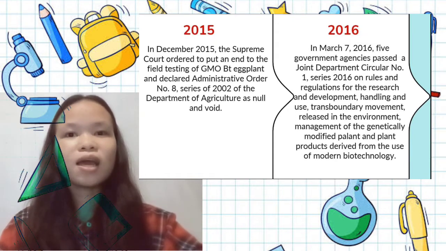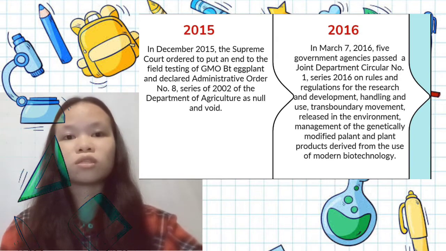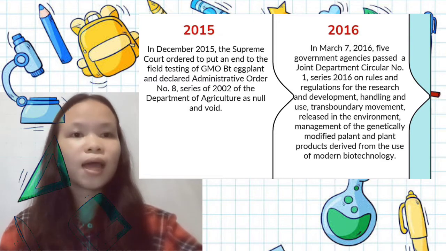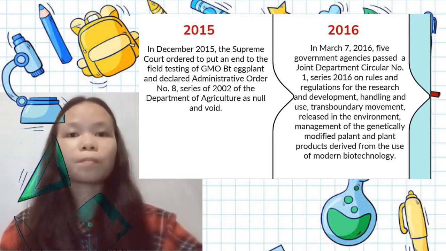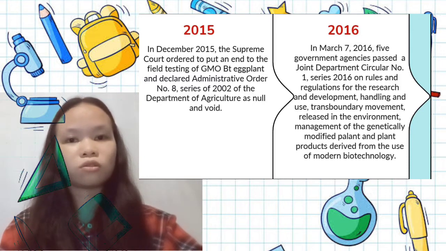And lastly, on March 7, 2016, five government agencies passed a Joint Department Circular No. 1 series on rules and regulations for research and development, handling, and use, transboundary movement, release in the environment, and management of genetically modified plants and plant products derived from the use of modern biotechnology.